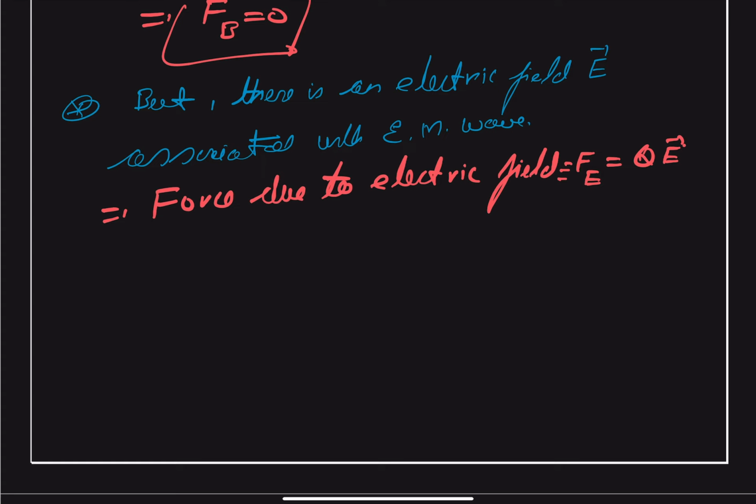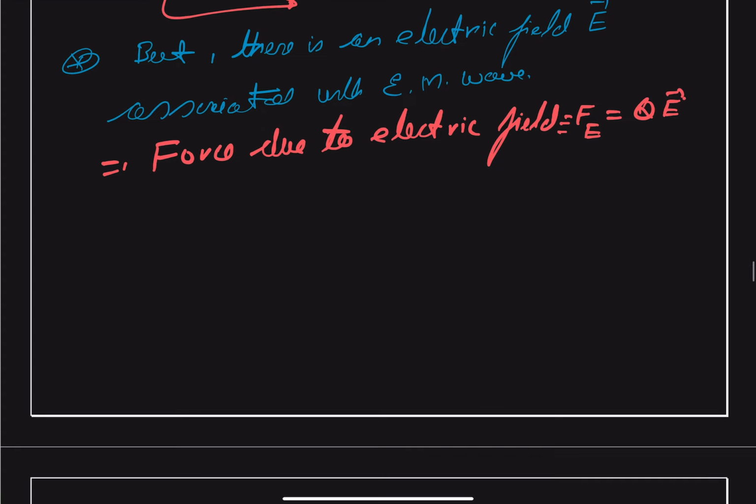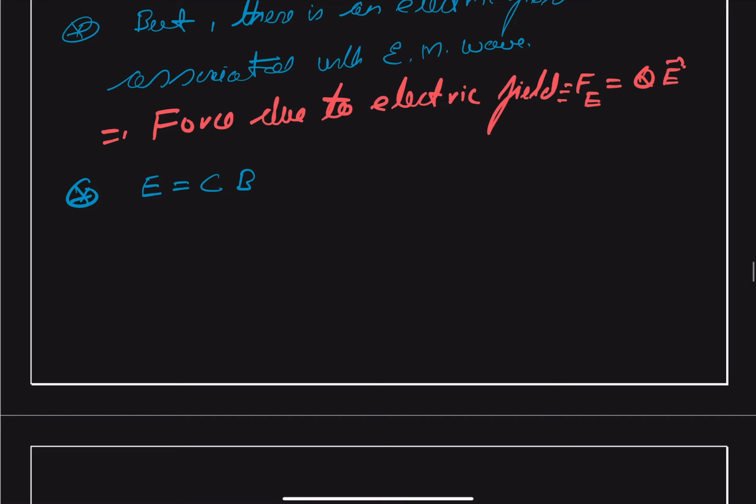And we know the relationship between electric and magnetic field. We know that our electric field is equal to c, that is speed of light, times the magnetic field. And for a sinusoidal function, let us suppose that it is a cos of theta, then its RMS value is a upon square root of 2.